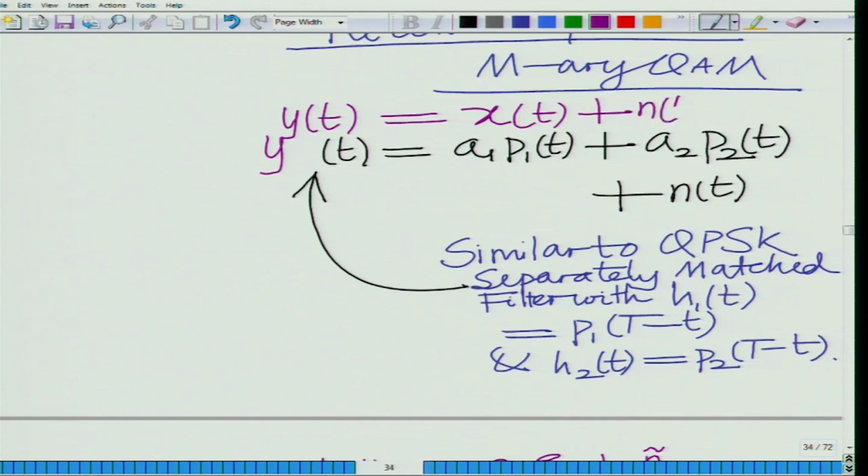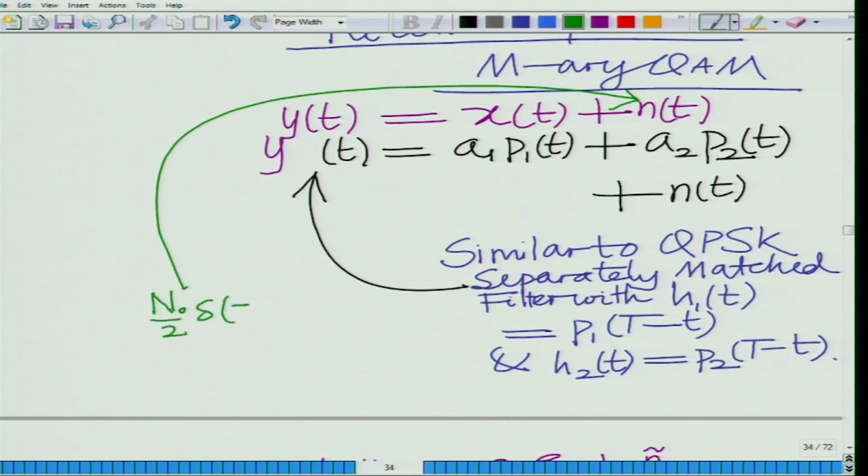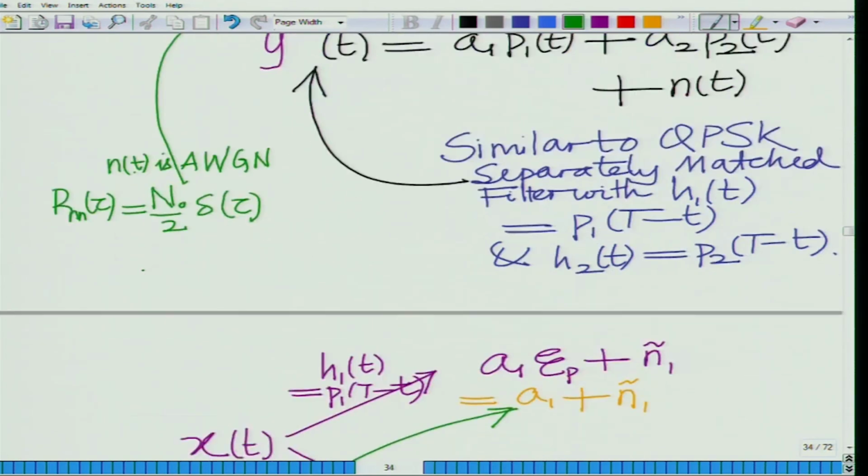We can look at other channels also, but we have restricted ourselves to the simplest and most general case of an AWGN channel so far. So, N t is additive white Gaussian noise with autocorrelation Rn of tau equals N naught by 2 delta tau, and the mean equal to 0.